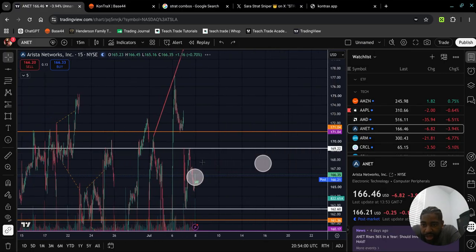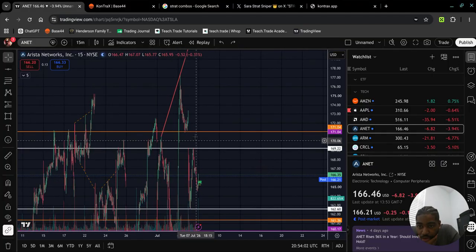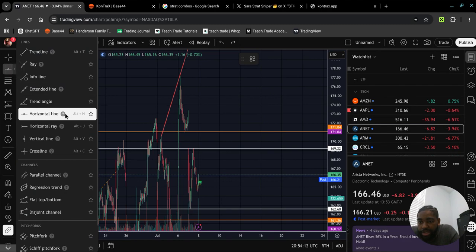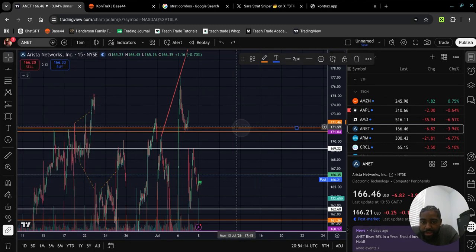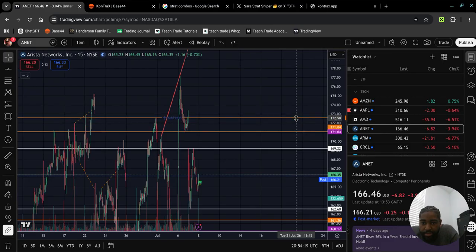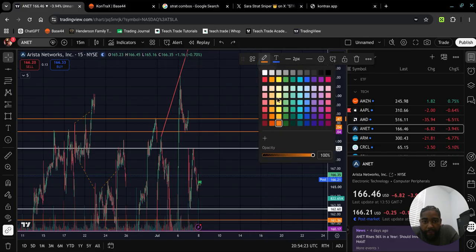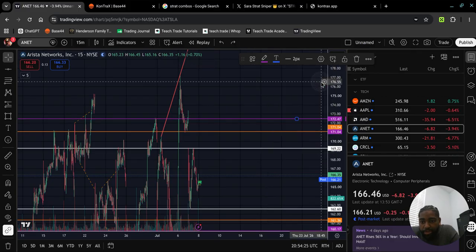And let's see if I can find a point for target two. So target two, I'm gonna go ahead and put it right about here. Why will this never work? I don't know if anybody else gets that problem with TradingView, but it shows that a horizontal line is Alt H, but for whatever reason, whenever I press Alt H, sometimes it works, sometimes it don't. So I'm gonna go ahead and put my target two right there, and of course it's purple.